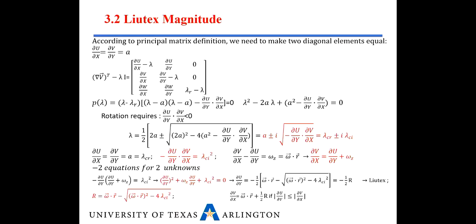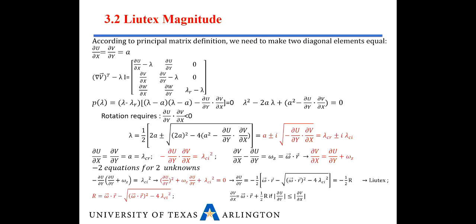According to the two equations, we use this equation, take the square or something like that, or this equation, and with that equation we have two equations to find partial u, partial y and partial v, partial x. Then finally we get the result.